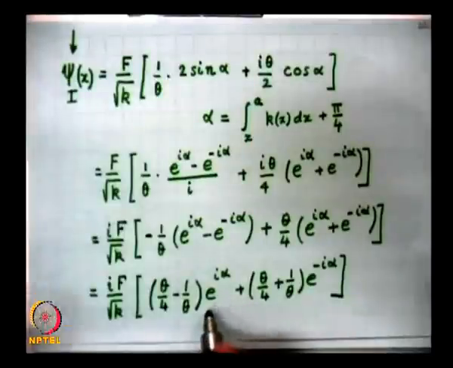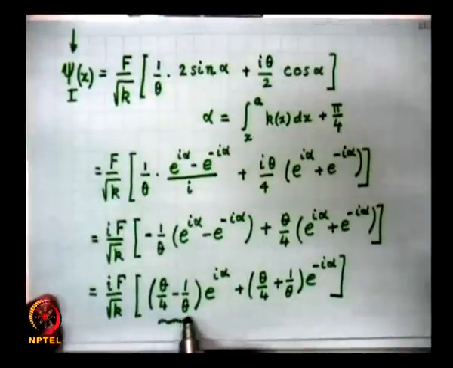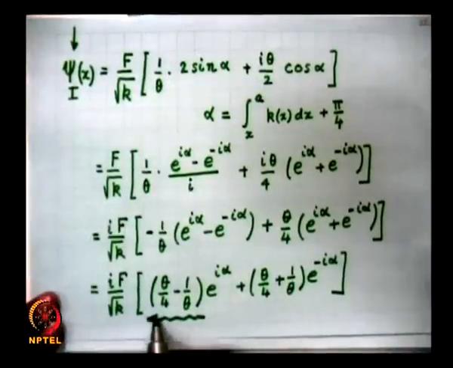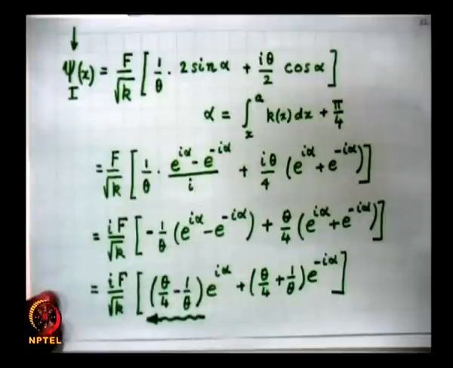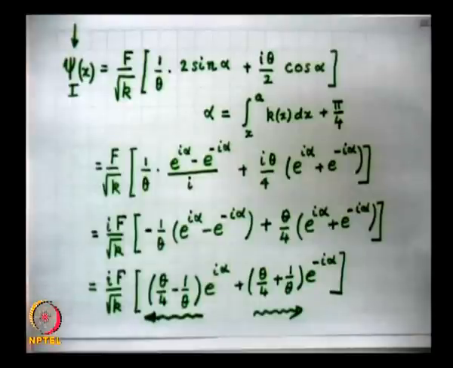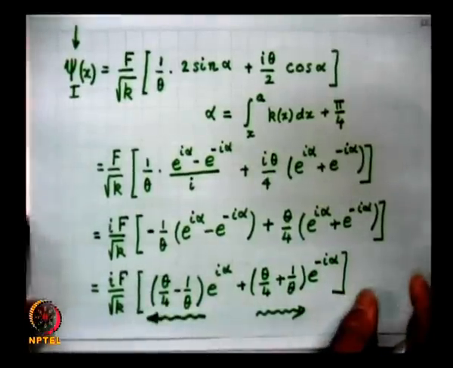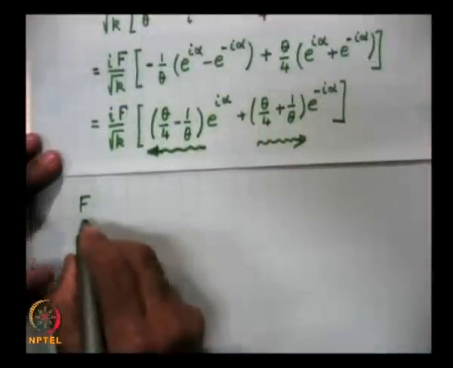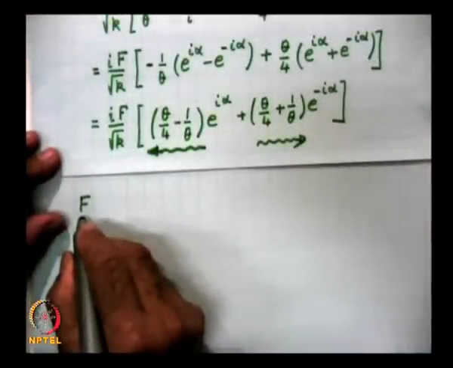And so, this corresponds to the reflected wave, and this is the incident wave. And f is the coefficient of the transmitted wave.